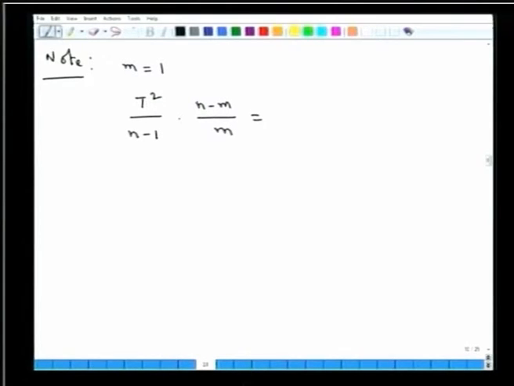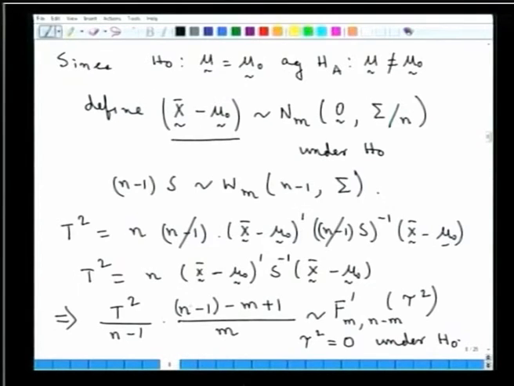So for m equal to 1, this is t square by n minus 1, times n minus 1 divided by 1, and hence this is just equal to t square. And what is t square equal to? Let's look back once again at the form of t square: it is n times this particular quantity here.